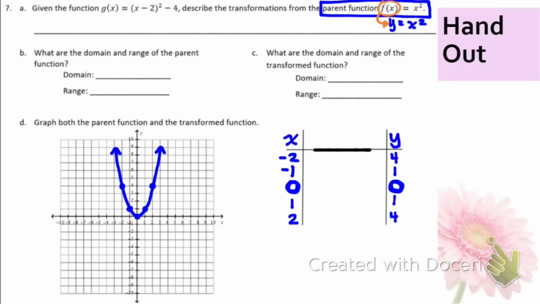What's the domain for that graph? The domain for my parent. What are all the things I'm allowed to use for x? What were we doing to the x's? Squaring them.